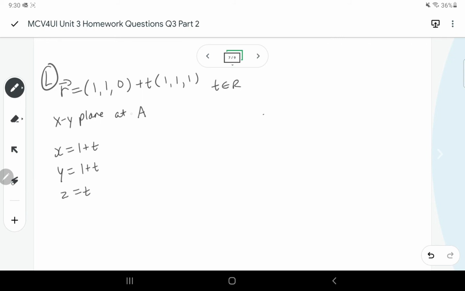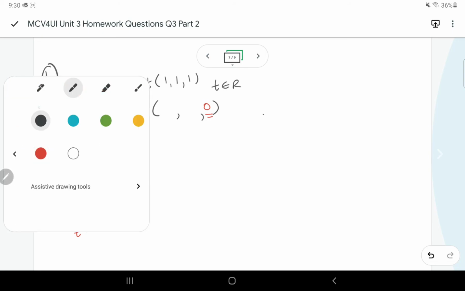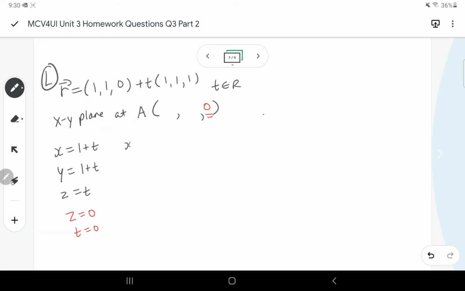Now, if something is on the xy plane, then we would know that the z component of that point was 0. So we know z equals 0, which tells us t equals 0. Then we're going to find the x and y components of that point. So if t equals 0, x equals 1, and y equals 1.